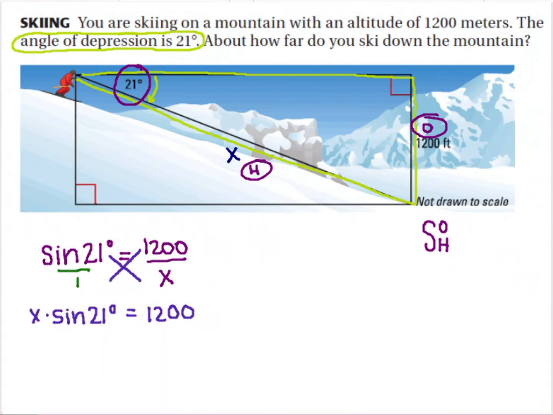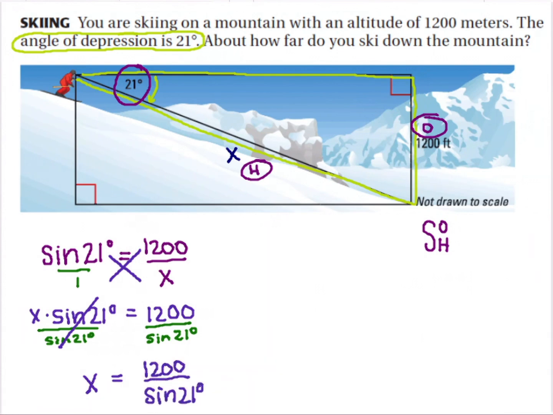How do you cancel out a times sine of 21? You'll divide by sine 21. Whatever you do to one side, you'll have to do to both sides. And so then I would be left with just an x over here, and x will equal whatever 1200 divided by sine 21 degrees equals.